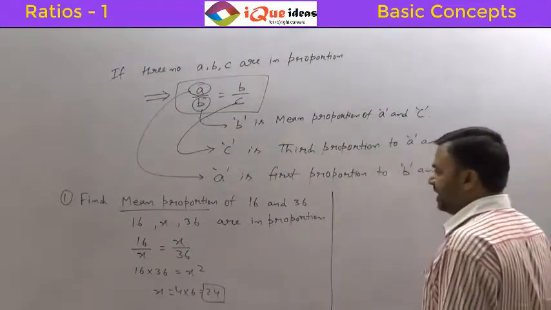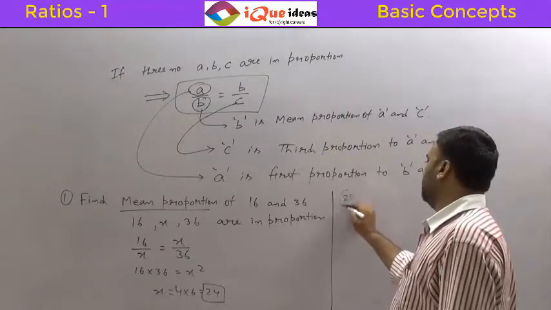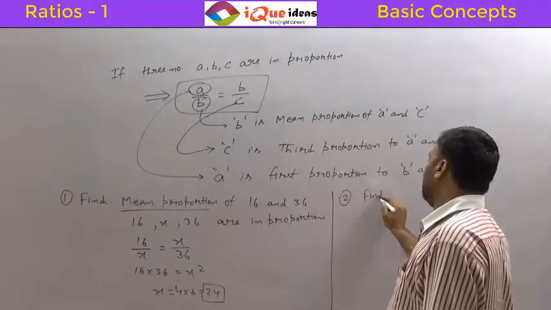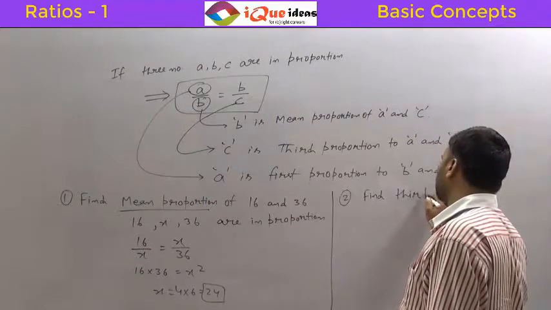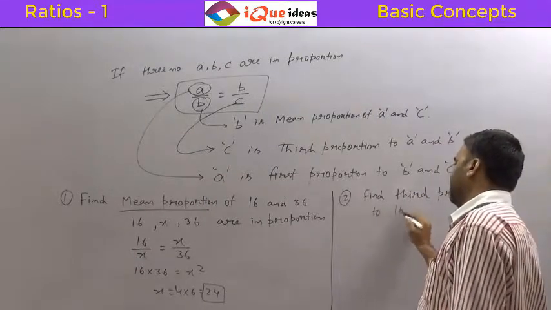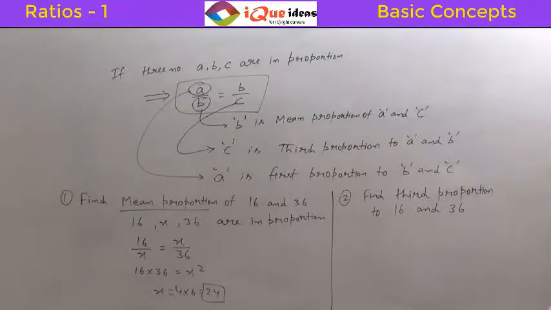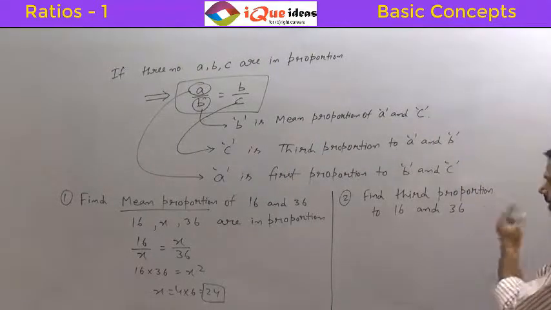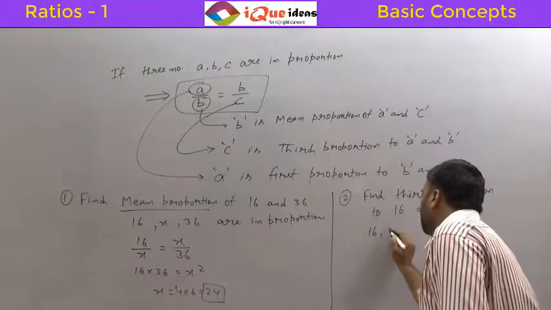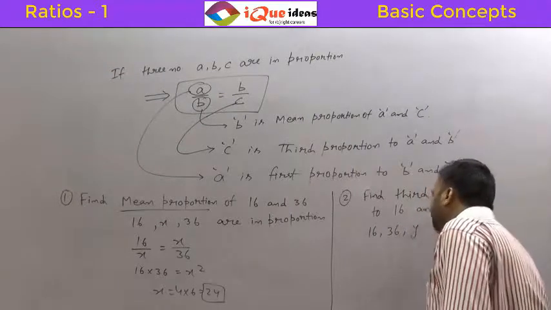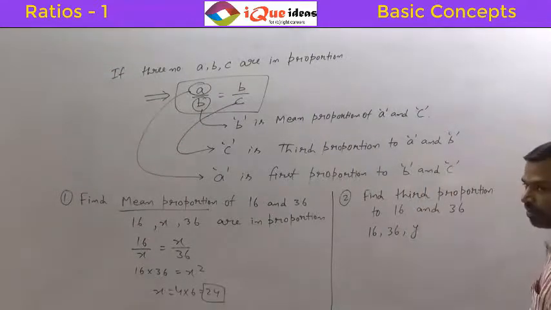But at the same time, if I say find third proportion to 16 and 36. Now how do you interpret this? Remember, third proportion should come in the end. So what do we say? 16, 36 and then y. Then this y would represent the third proportion.